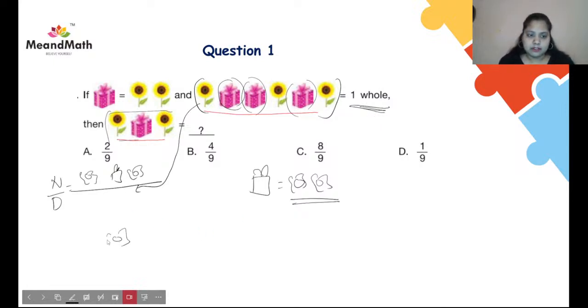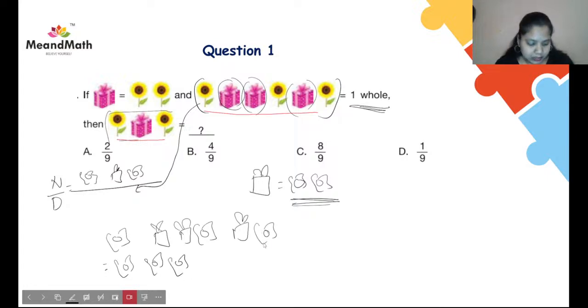So one sunflower, one gift box, another gift box, one sunflower, one gift box, and one sunflower. Now one sunflower we will keep as it is. One gift box is 2 sunflowers, so we will write 2 sunflowers in place of one gift box.